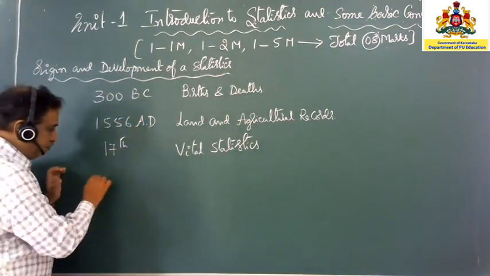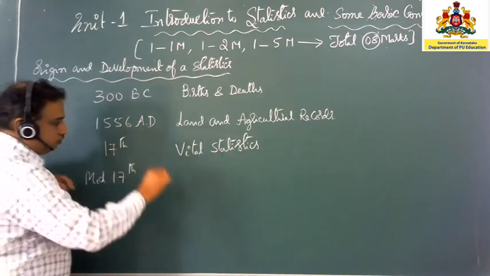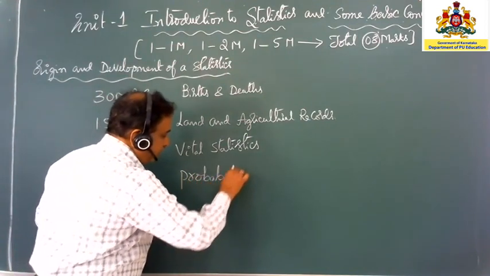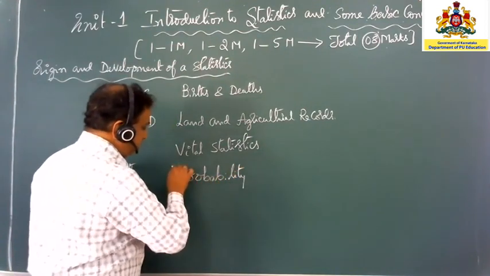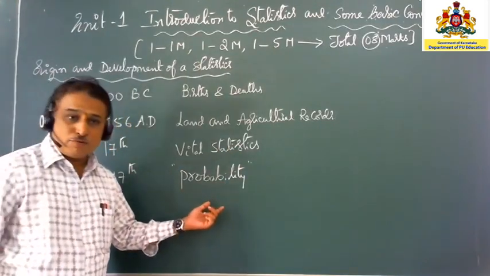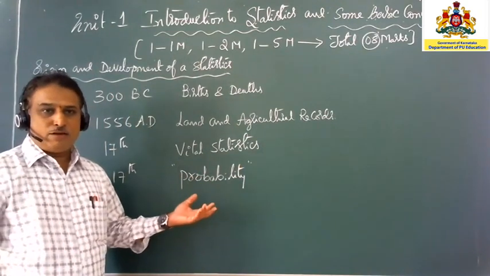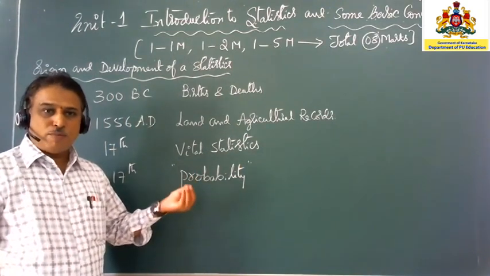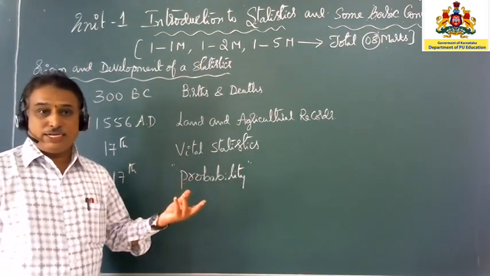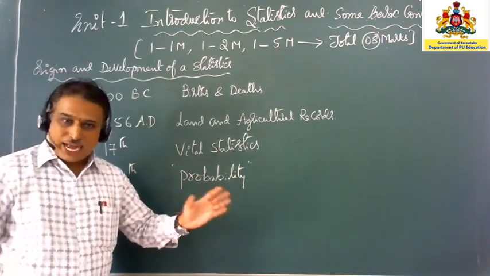Next, in the mid 17th century, the theory of probability came. It is the backbone of statistics. Probably it may rain today. By seeing the weather condition, you may tell probably it may rain today. It is nothing but chance of occurrence.